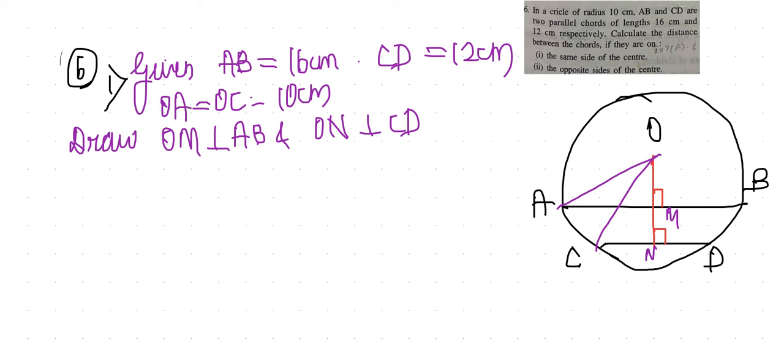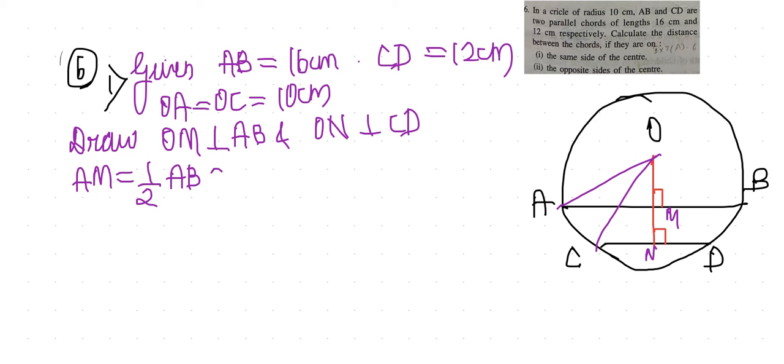Okay, so now what you will be writing, children? You will be writing that, see, if you know already that if you are dropping a perpendicular, then it is going to divide that particular line into two equal halves. So what you will be writing? AM is equal to half of AB. Why?